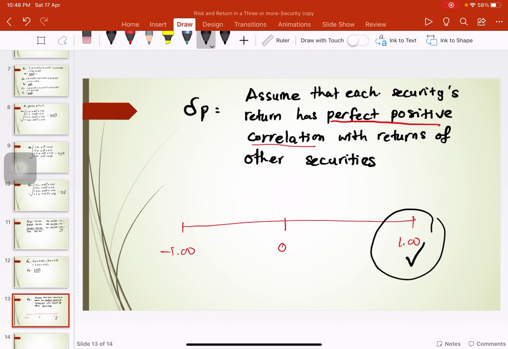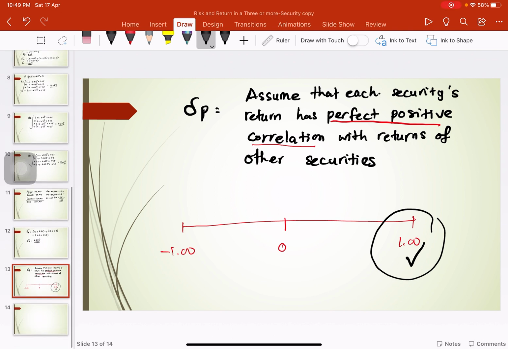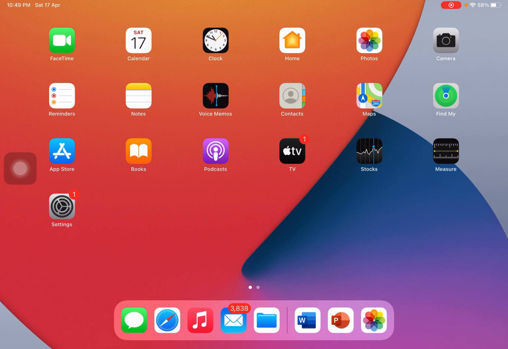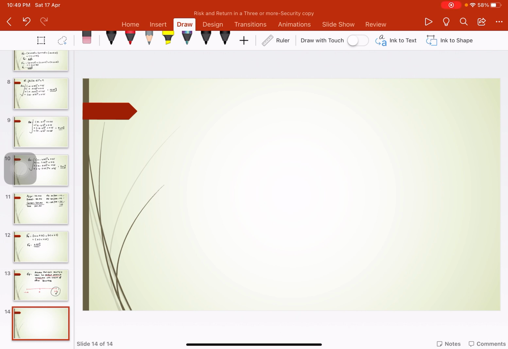Maksudnya dia nak kata kat sini, correlation between A and B is 1. So correlation between B and C is also 1. So correlation between A and C is also 1.